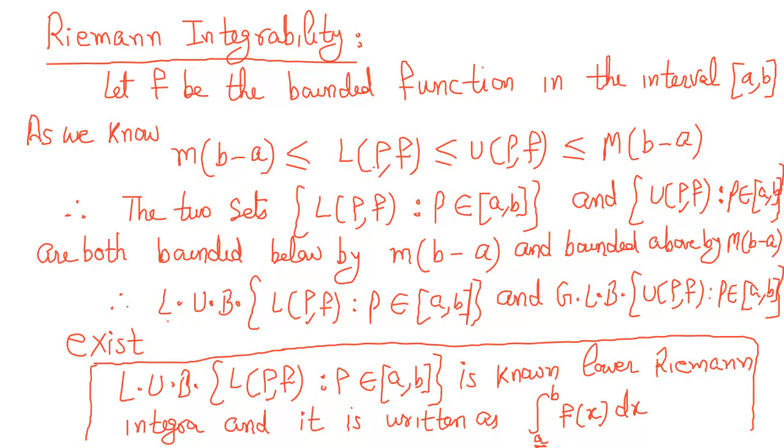So once again I repeat, this theorem we have already done. So from here we can say LPF is both bounded below and bounded above. So LUB, the least upper bound of LPF, is known as your lower Riemann integral. Similarly, all these are theoretical part.